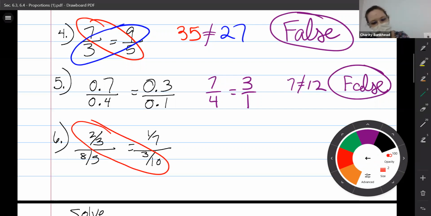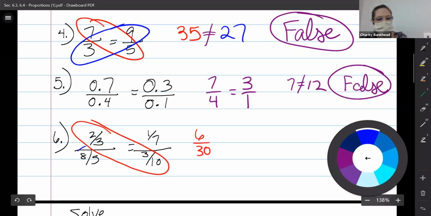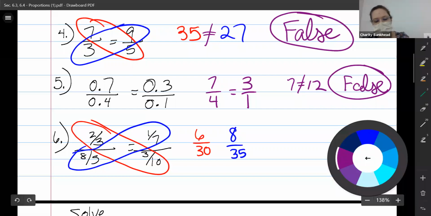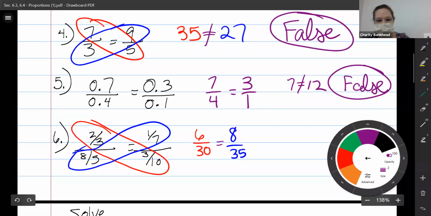And the other one, 8/5 times 1 over 7, is going to be 8 over 35. We're trying to figure out if those are equal. I could reduce 6 over 30 because 6 goes into 6 one time and 6 goes into 30 5 times.